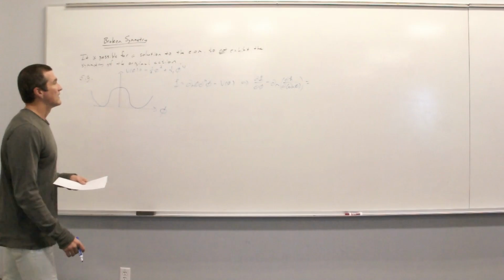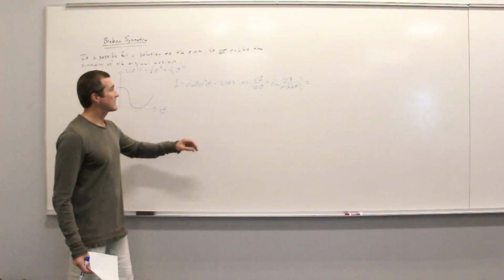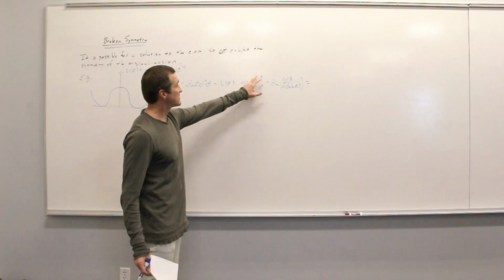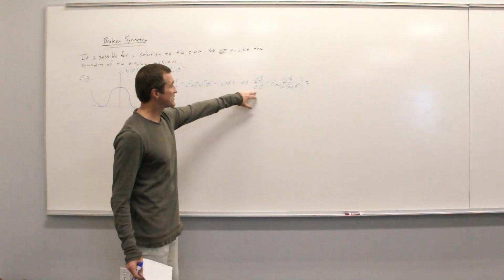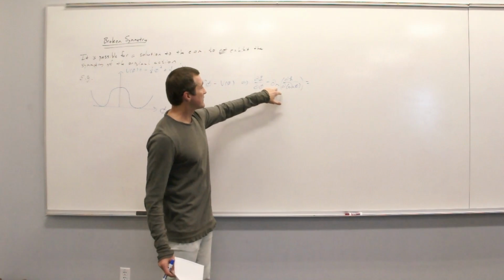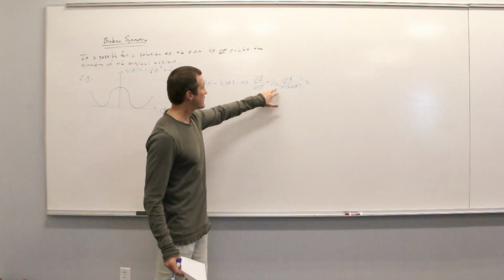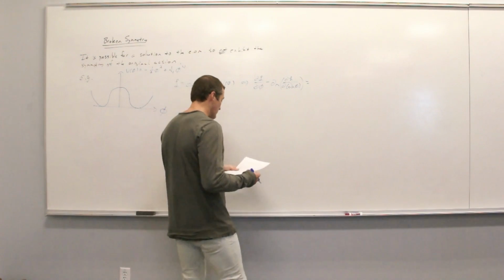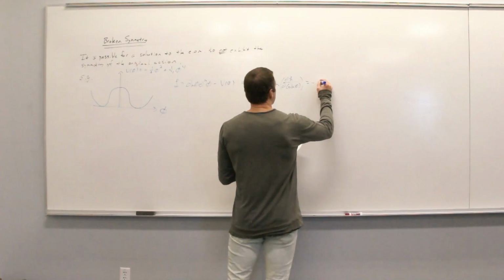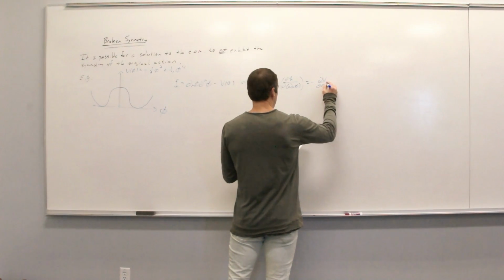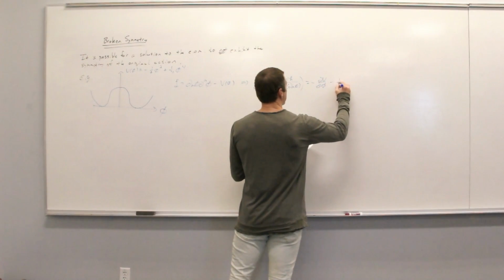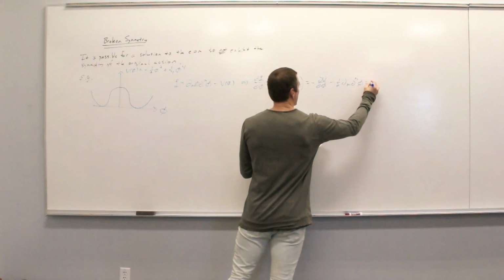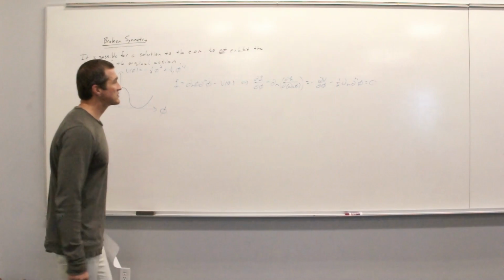So if we have a Lagrangian for fields and we want to find the equations of motion, we take the derivative of the Lagrangian with respect to the field, minus the derivative with respect to all coordinates, t, x, y, z, of the derivative of the Lagrangian with respect to the derivative of the field. And in this case, this is just going to give us that as our equation of motion, okay?